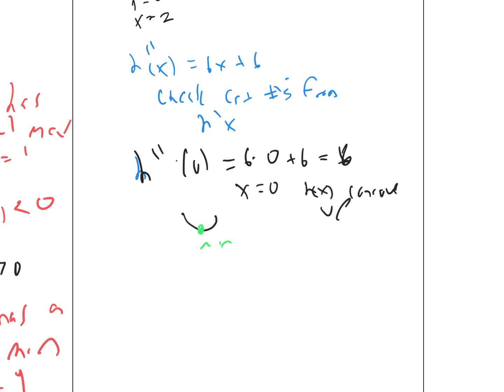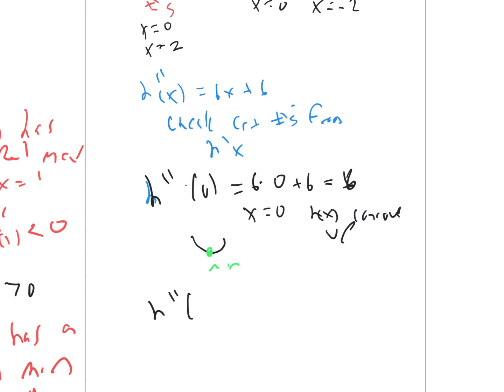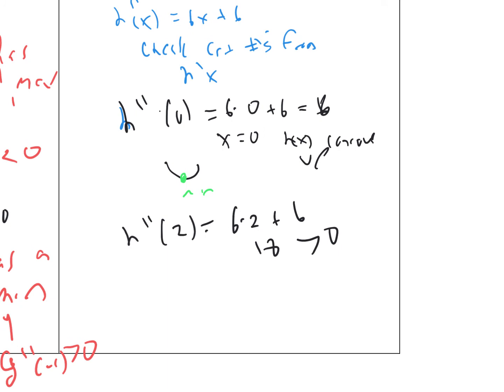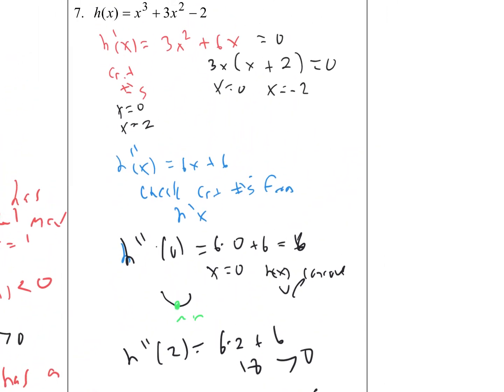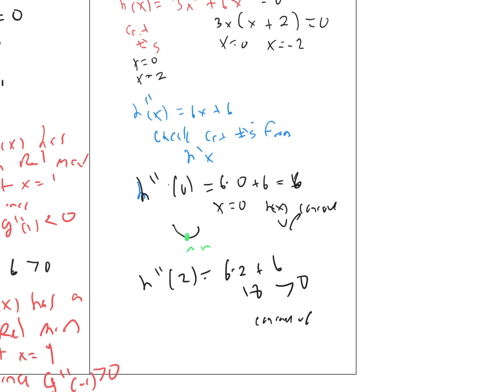And now check h double prime of, what was the other critical number? 2. That's going to give me 6 times 2 plus 6. That's 12 plus 6, that's 18, which is also greater than 0, like we had in the last problem. So it also is concave up, if I did the math right. Did I?